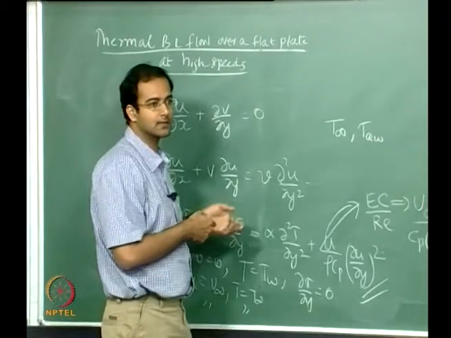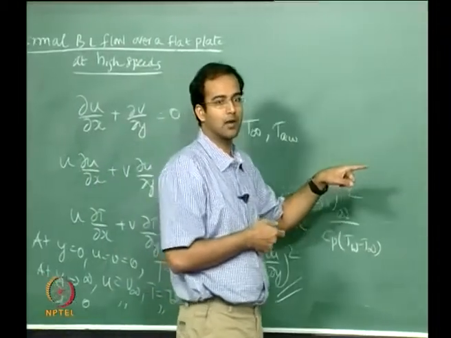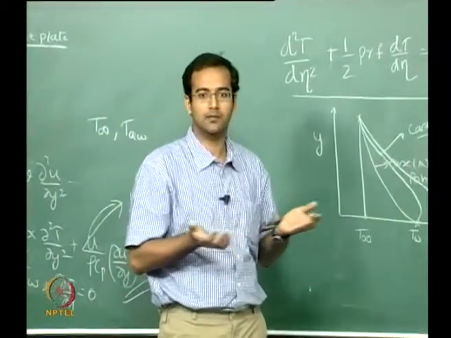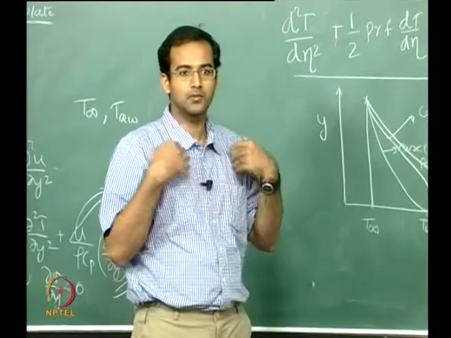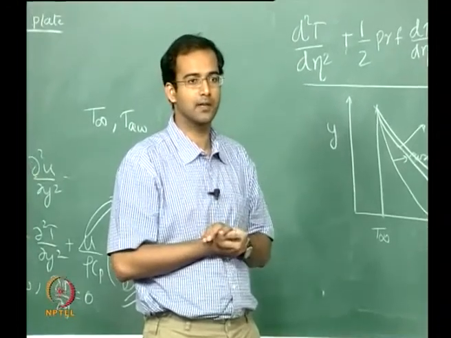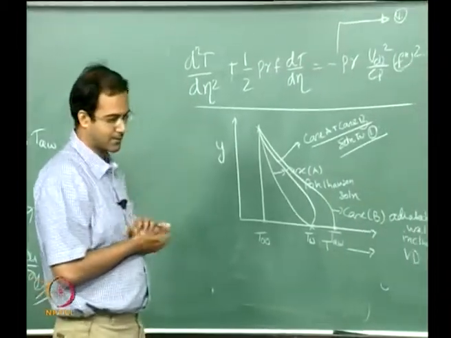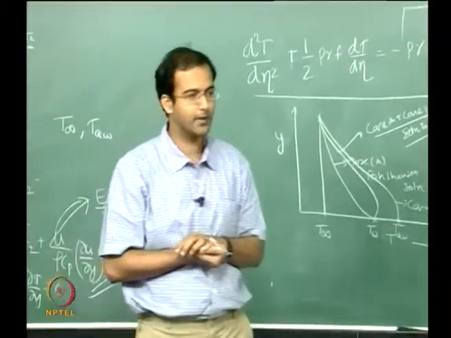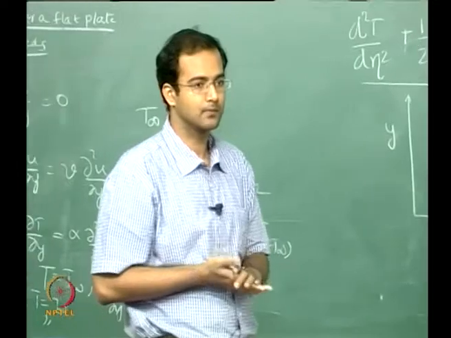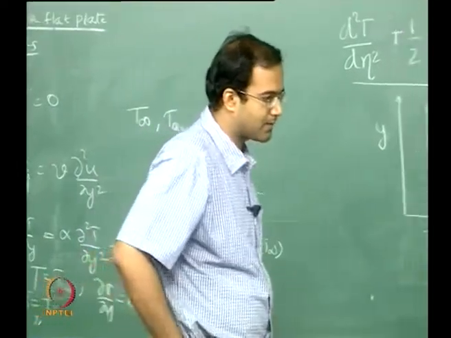In the other case we cannot use T wall because there is no wall temperature boundary condition there, so we have to use a different temperature scale, which we will define. Finally we will express the solution as a linear combination of those two solutions. So we will stop here today.